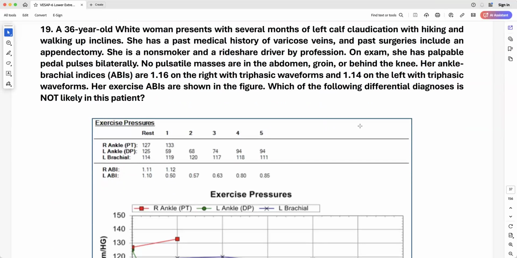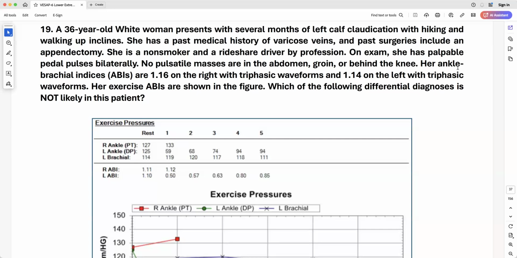A 36-year-old white woman presents with several months of left calf claudication with hiking and walking up inclines. She has a past medical history of varicose veins, and past surgeries include an appendectomy. She is a non-smoker and a ride-share driver by profession.